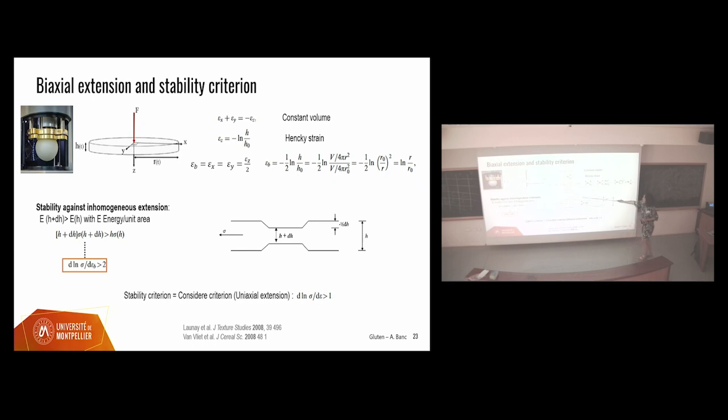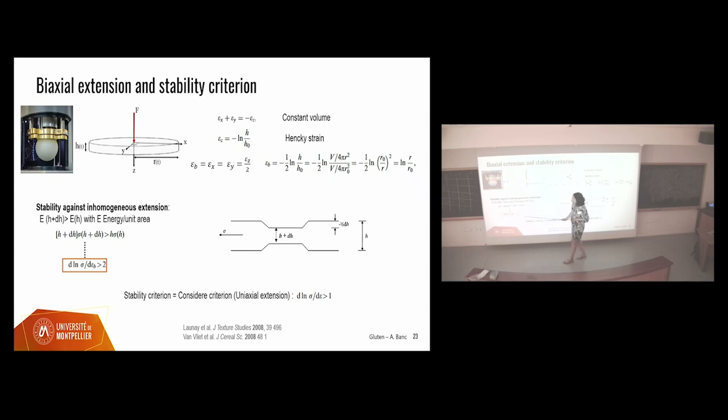If we consider here the film with a thickness of H and locally a thinner thickness, we will prevent inhomogeneous extension if it's harder to compress this thinner thickness than the thicker one. This is the inequality that is defined here.